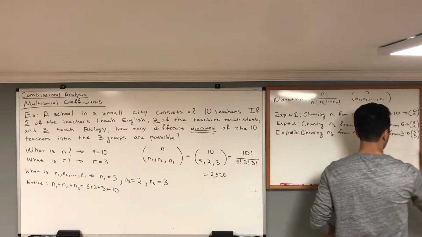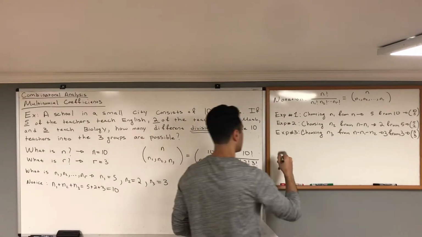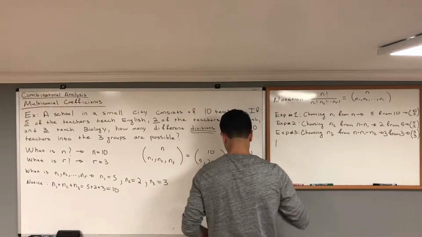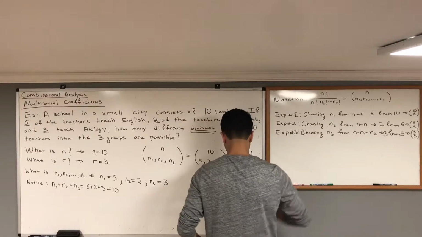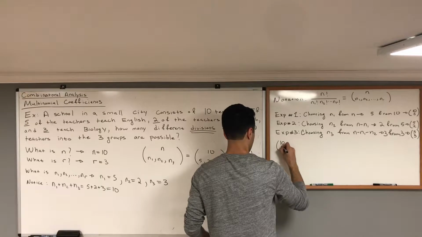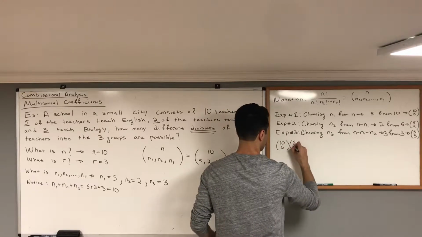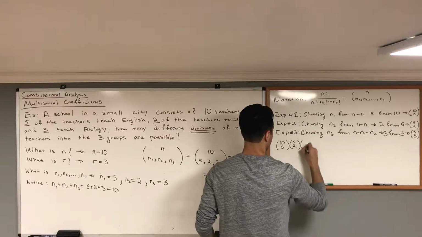So by the basic principle of counting, you have to multiply all these together. So you'll have 10 choose 5 times 5 choose 2 times 3 choose 3.